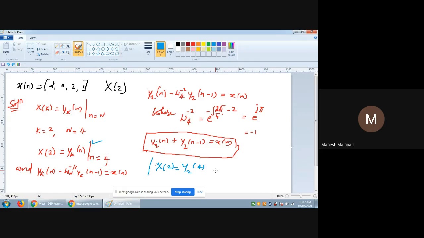How can I calculate this value? Any doubt up to this point? No, sir. So can someone tell me how I will calculate this value now? Can I get the correct answer?